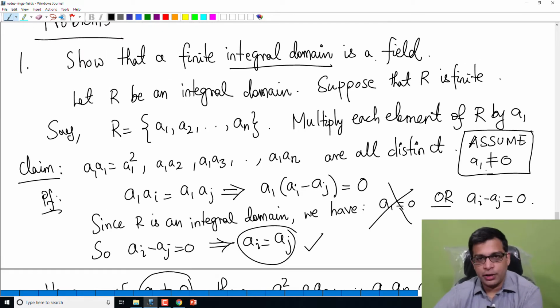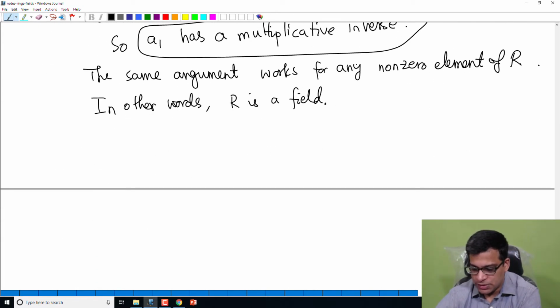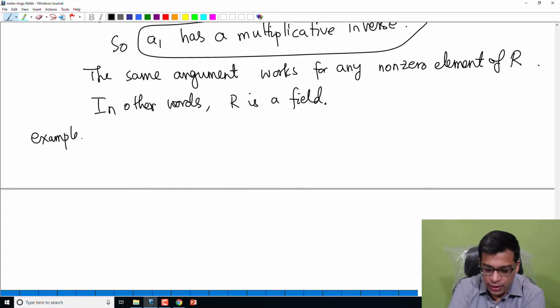Now before continuing to the next problem, I am going to give two examples to illustrate the fact that both statements, that R is finite and that it is an integral domain, are crucial. Without that, you can't conclude that R is a field. So let's consider R to be Z, the ring of integers.